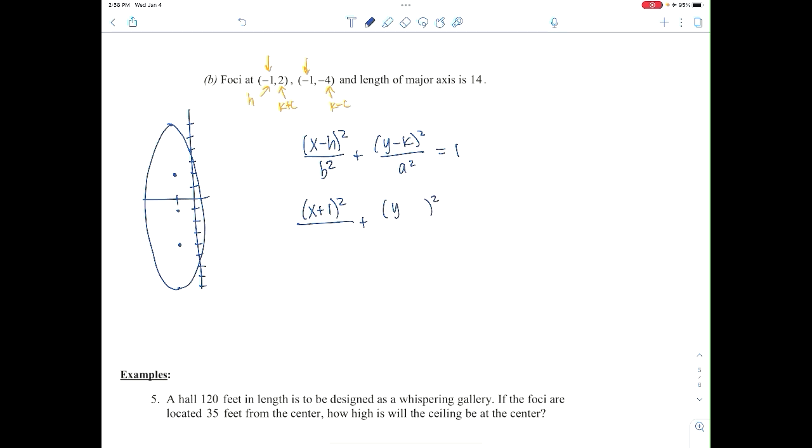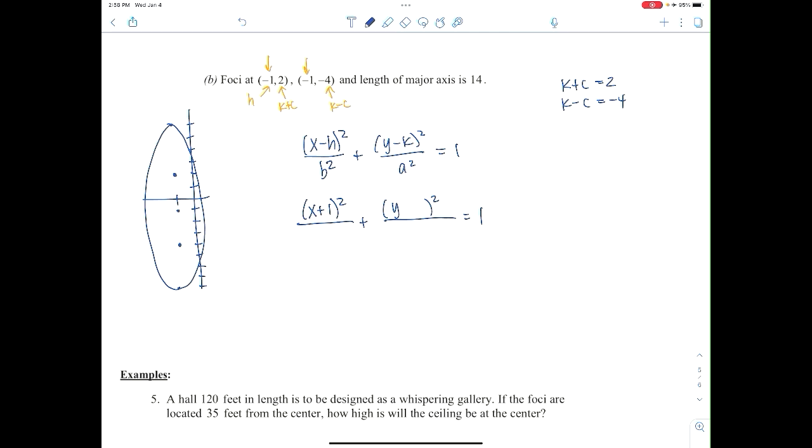Okay, so let's figure some things out. If we know that h is -1, we want to find k. What I'm going to do is list out k plus c equals 2 and k minus c equals -4 from our focus points. We know that one of them is k plus c, one of them is k minus c.